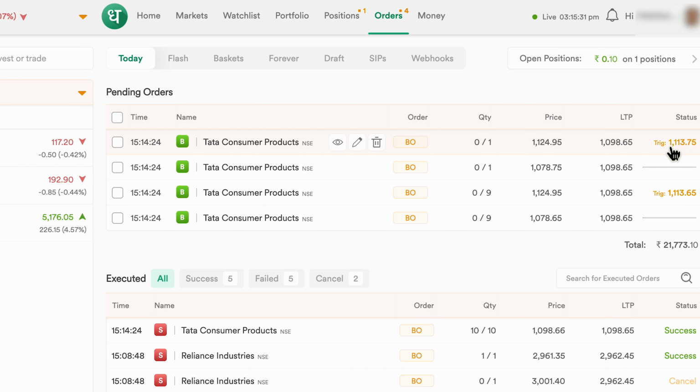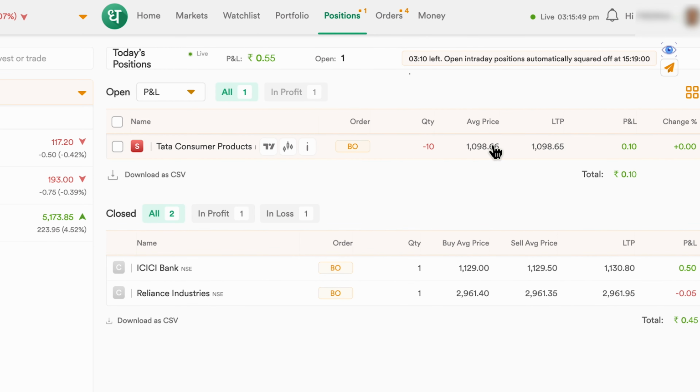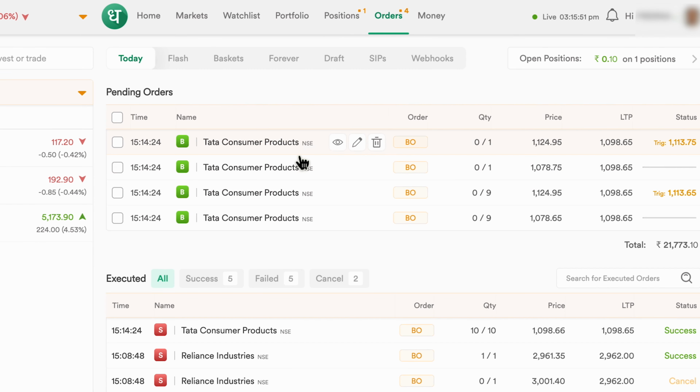If my price increases by roughly 15 rupees, then this trigger will be placed so that my loss is limited. Since this is a short position that I have taken, if the price increases, I make a loss. If the price decreases, I make a profit. So what the bracket order has done is it has taken a position for me and placed orders on both sides to cover me for any loss or book my profit automatically.